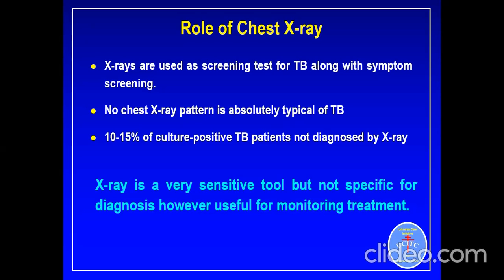So in that case, a CT scan would have been a better mode of diagnosis. But it's a very good screening tool. It is also used for monitoring the progression of disease along with the treatment schedules.